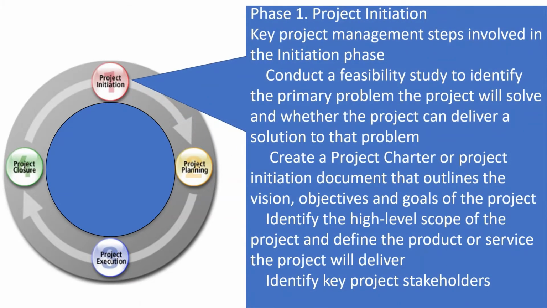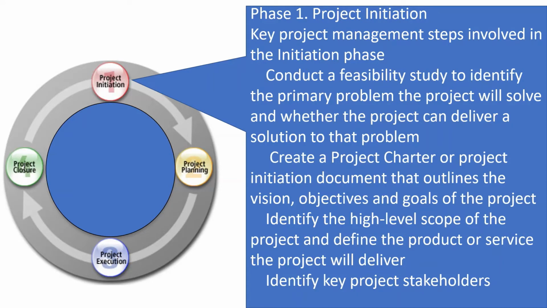Phase 1, project initiation. Here, a feasibility study is conducted to identify the primary problem the project will solve and whether the project can deliver a solution to that problem. This is feasibility. Is it feasible? Is it doable?